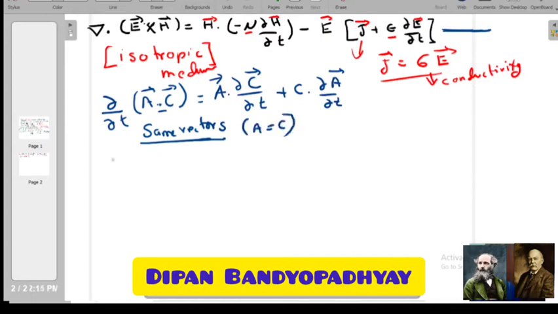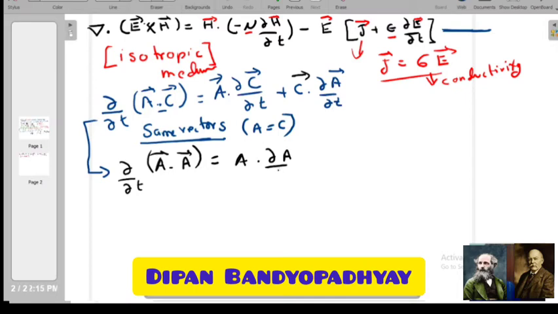So for the same vectors, this equation will become del t of A dot A, with vector notation, equal to A dot del A del t plus A dot del A del t.